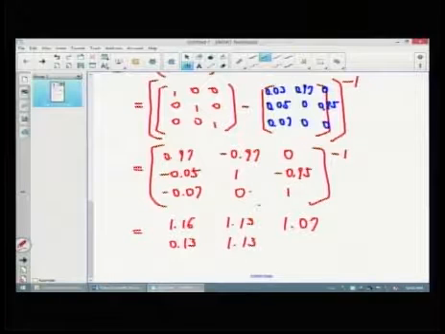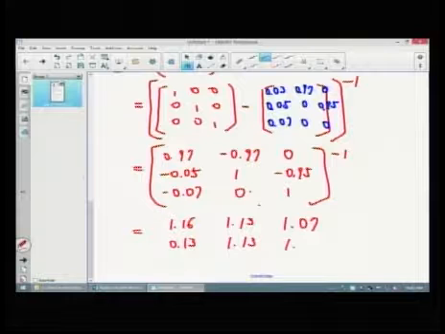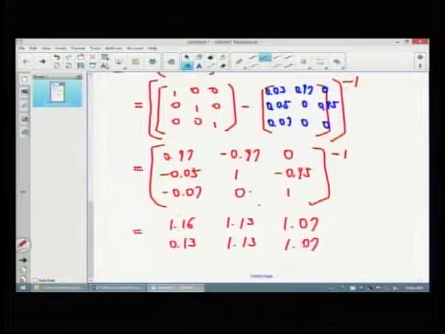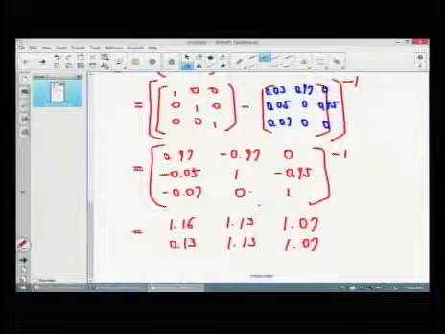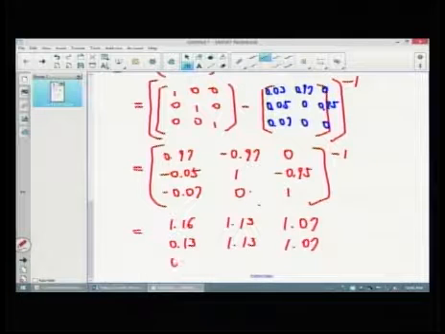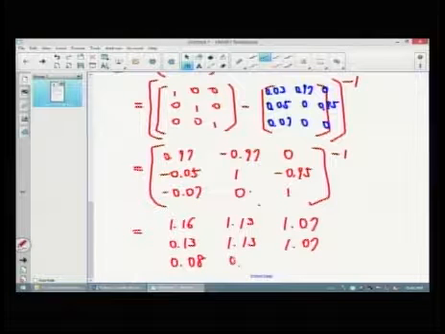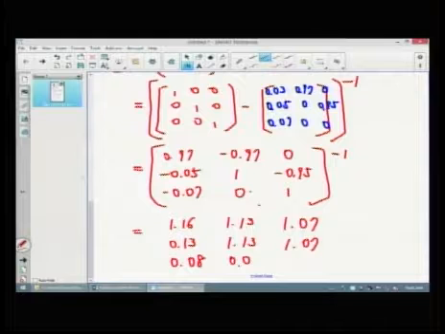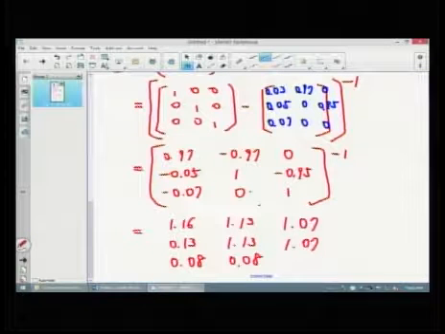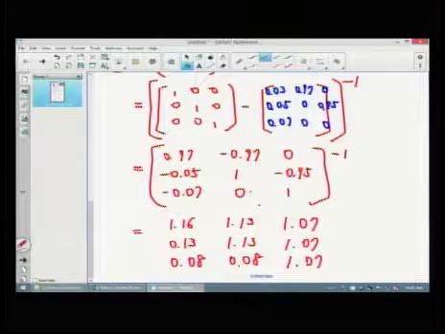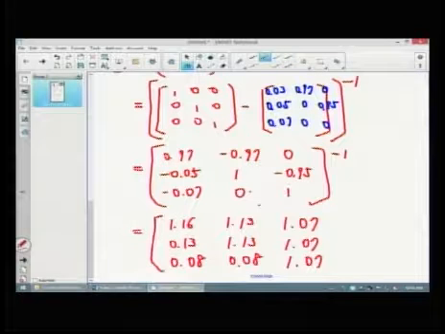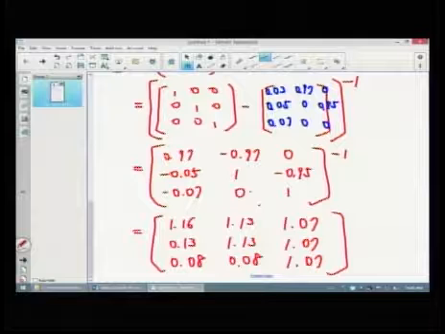And 1.07. 0.08. 0.08. Yes. Okay, thank you. 0.07, 0.08. Okay, and then 1.07, it should be the same. Okay. So this is our E matrix.